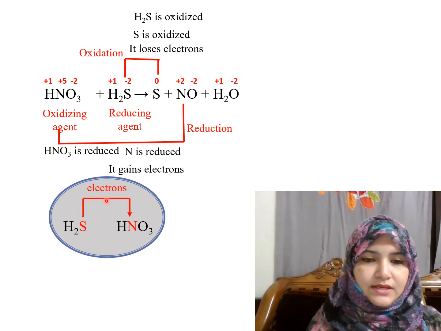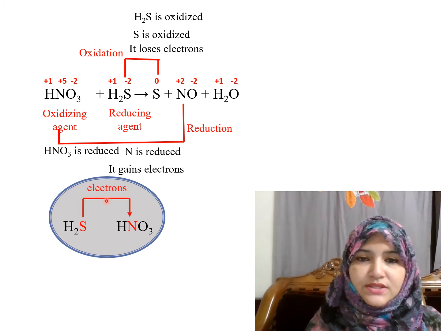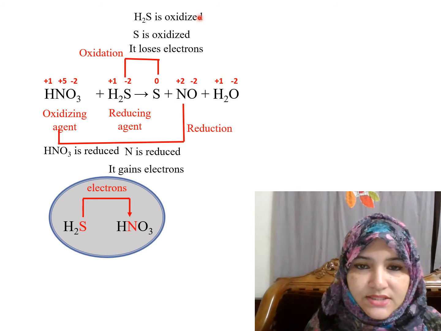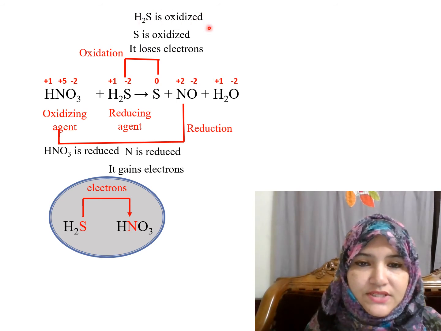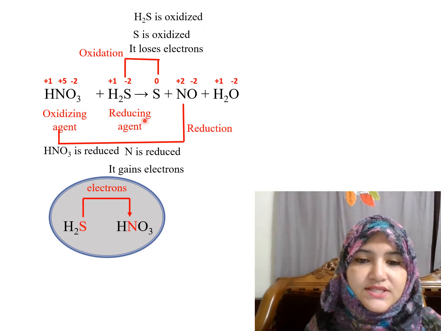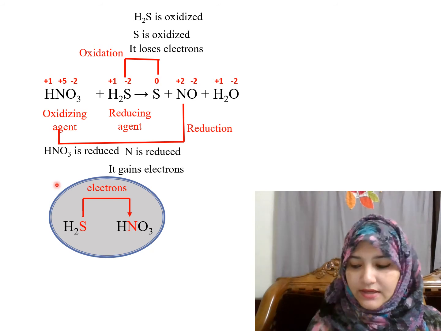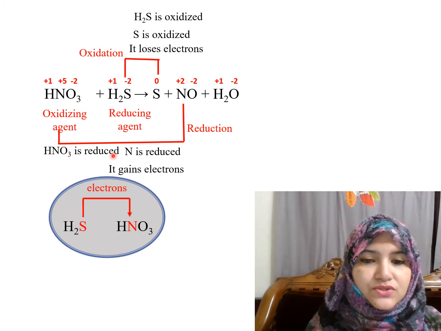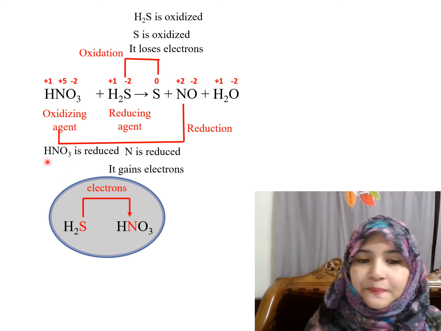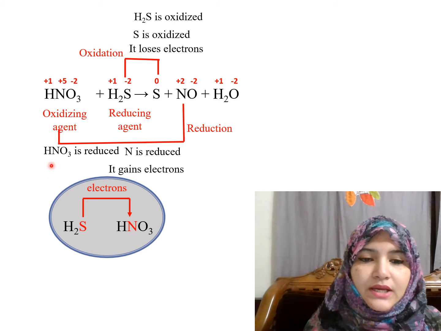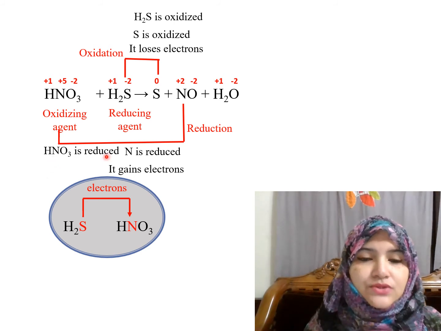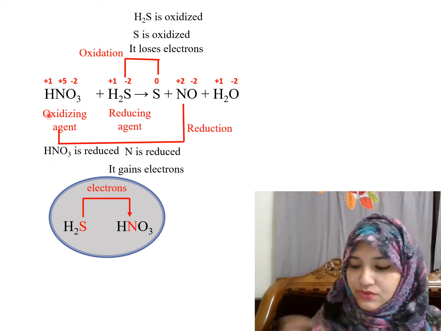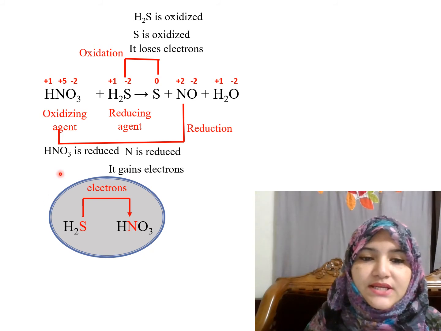So we can say, as a whole, hydrogen sulfide is oxidized, and hydrogen sulfide is the reducing agent. And as a whole, nitric acid is reduced, not just nitrogen, and nitric acid is the oxidizing agent.